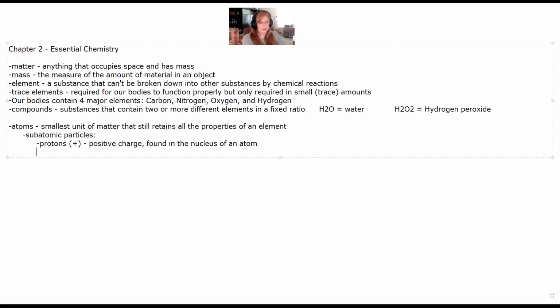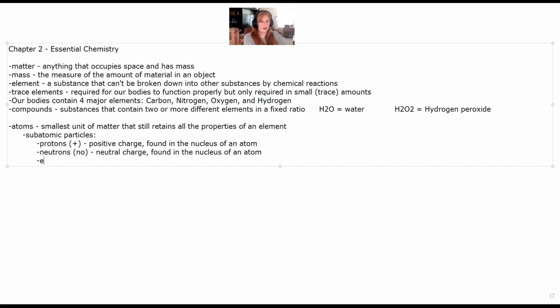Then we have something called neutrons. Neutrons have no charge. They're neutral. It's the neutron, they're neutral. But these are also found in the nucleus of an atom. Okay.